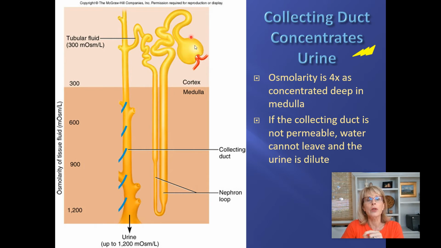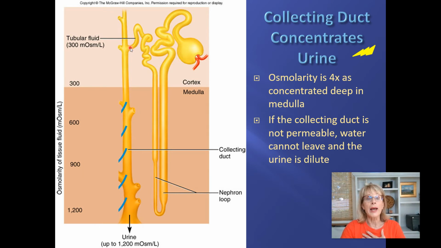By the time the fluid has gone from here to there, probably 98%, 99% of the water has been reabsorbed along with all of the glucose, all of the amino acids, etc. But the fluid that's here is still isotonic, essentially. Okay, it's not quite isotonic, but we'll try and simplify it here for AP 120.